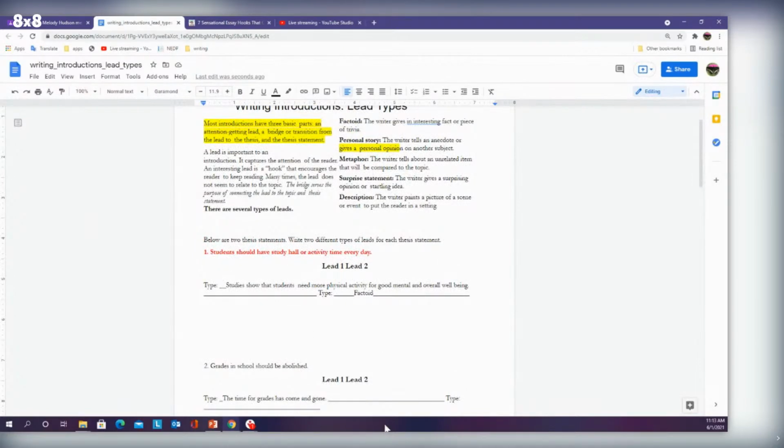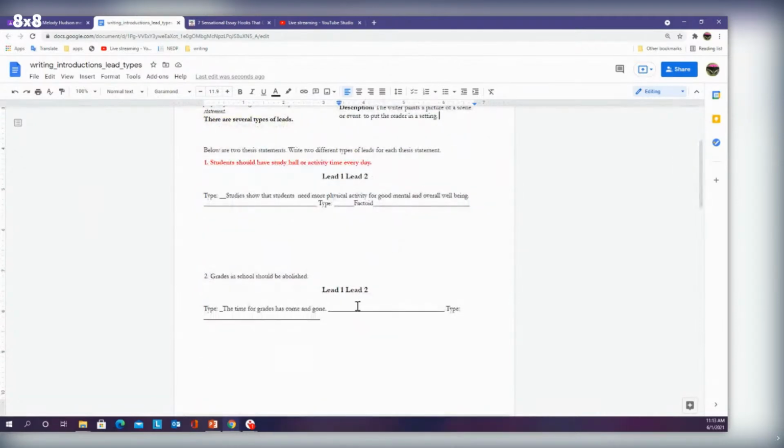Maybe something catches them by surprise, perhaps. It could also be a description of the times. You could do that as well. So we could say surprise statement or descriptive.